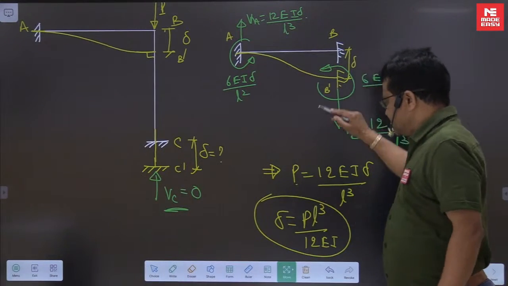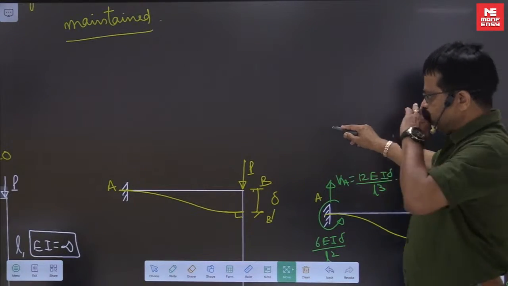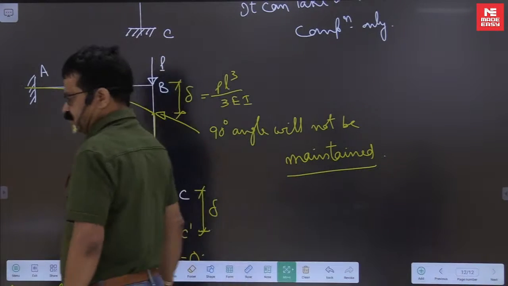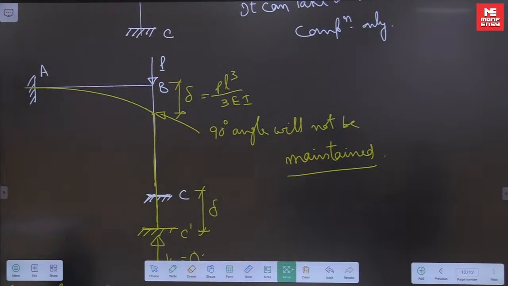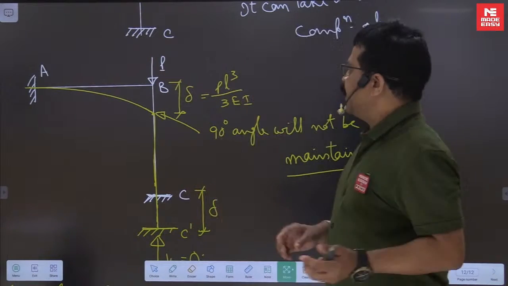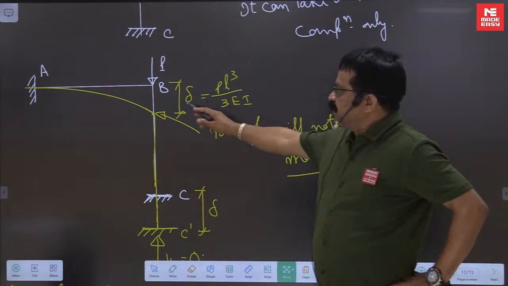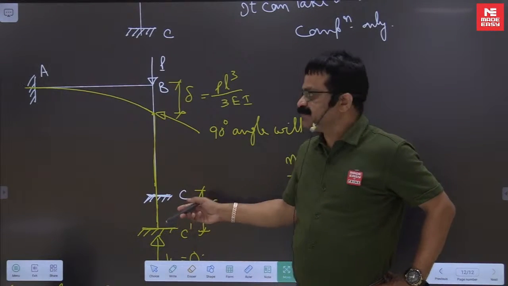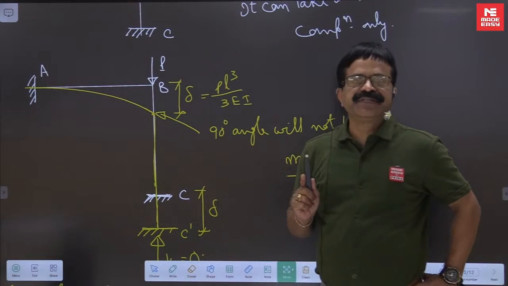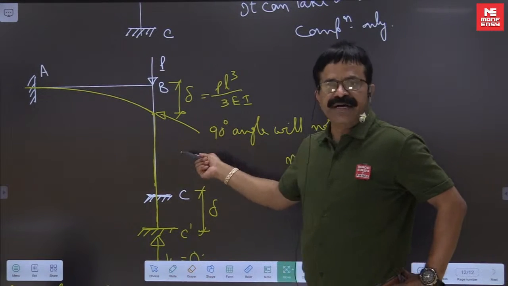So there are three cases. Depending on the nature of the member BC, your delta can be PL cube by 3EI, so that VC will become 0, if it is a bar.